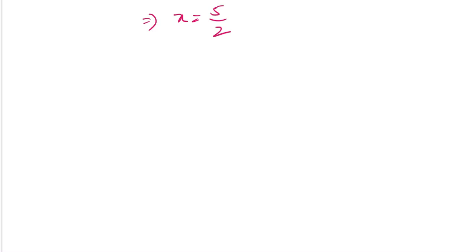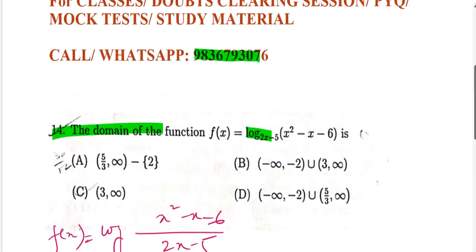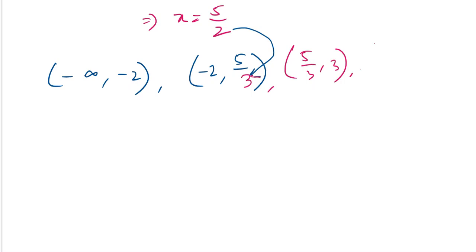First one is minus infinity to minus 2, then minus 2 to 5 by 2, then 5 by 2 to 3, and 3 to infinity.